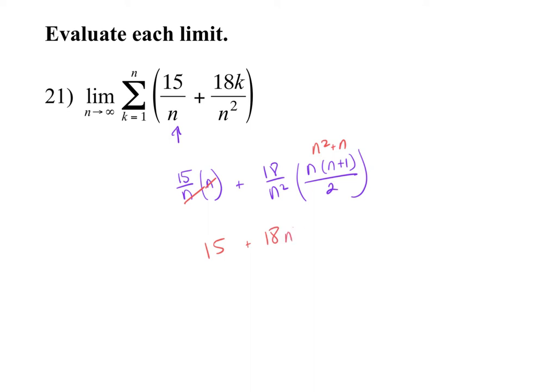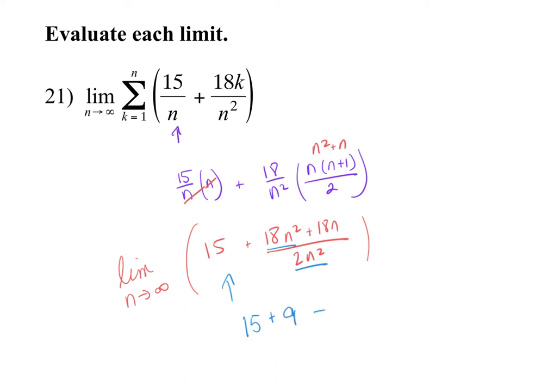So we have 18n squared plus 18n over 2n squared. And we are doing a limit theory here. Okay. I have the limit of a constant. What is the limit of any constant? It's just the constant, right? And then my degrees are the same. So what do I do as it approaches infinity? 18 over 2 is 9. My answer is 24.